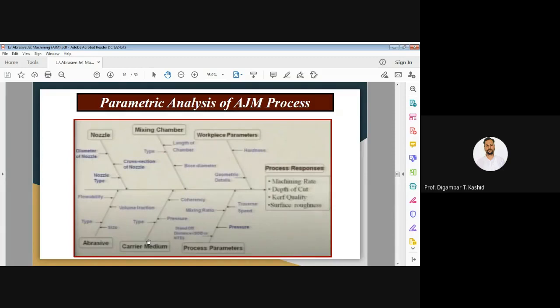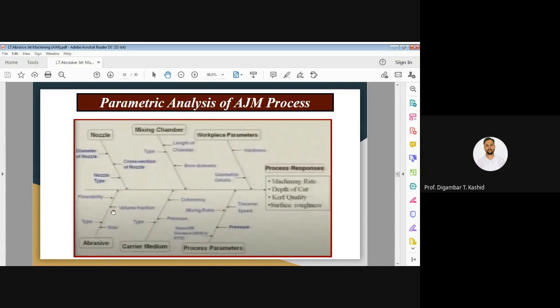In the abrasive, we have its property, that is flowability. Then there are various types of abrasives, and the size of the abrasive, which are again very important parameters. Here I have shown the type of abrasive, size of abrasive, flowability of the abrasive, then the volume fraction of the abrasive, which is flowing along with the air in the abrasive jet.